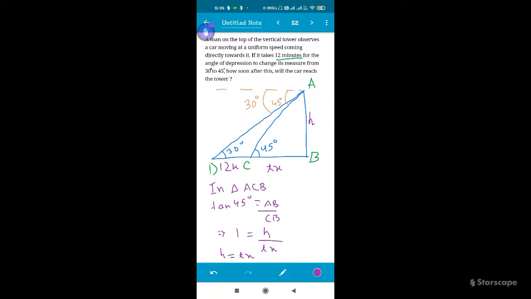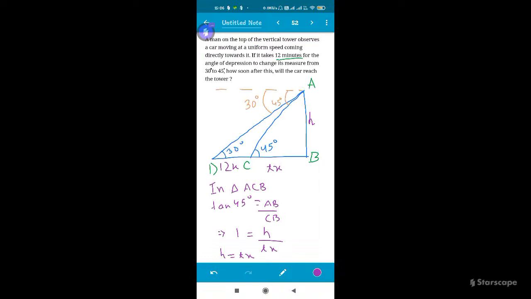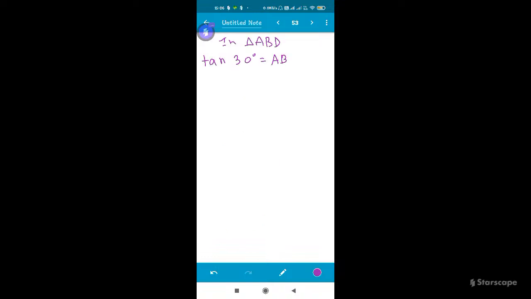Now let us consider the other triangle ABD. So in triangle ABD, we have tan 30 degree is equal to AB by BD. So tan 30 degree is equal to 1 by root 3.